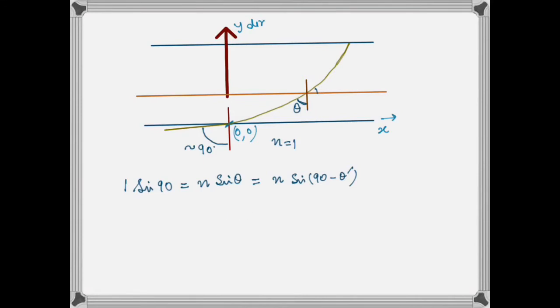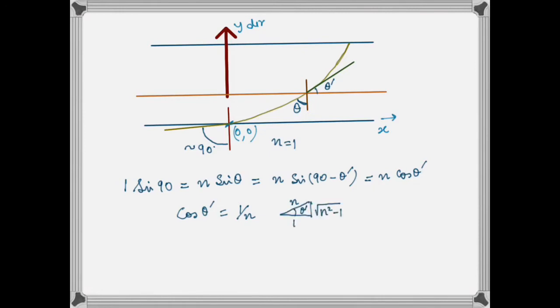And this theta can be written in terms of theta dash, where theta dash is the angle which the tangent at this point makes with the horizontal. So sin theta is equal to cos theta dash, and therefore we have found cos theta dash equal to 1 by n.